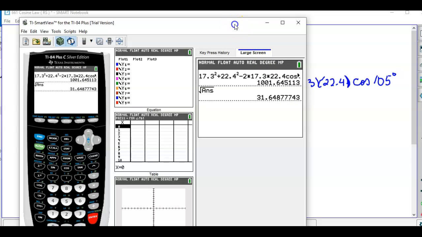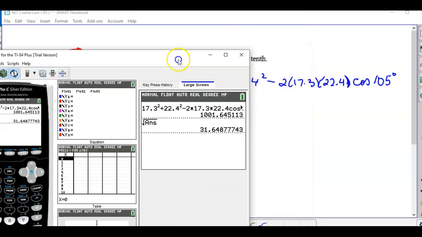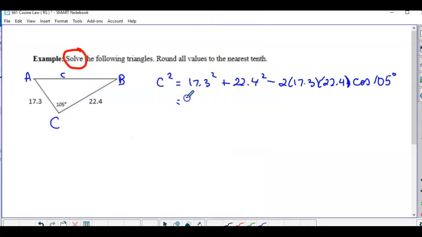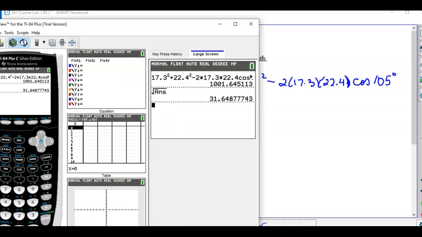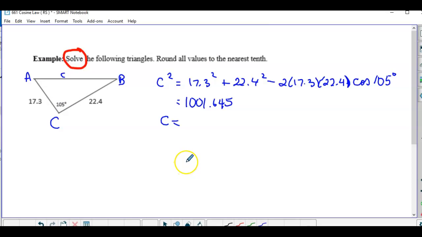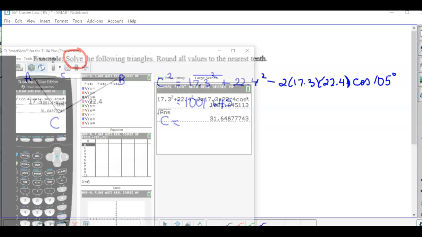So 1001.645, and then C is going to be the root of that, which is 31.6. Now, saying that, I was going to say 31.6, but we're solving, so we may need to use it in other calculations.